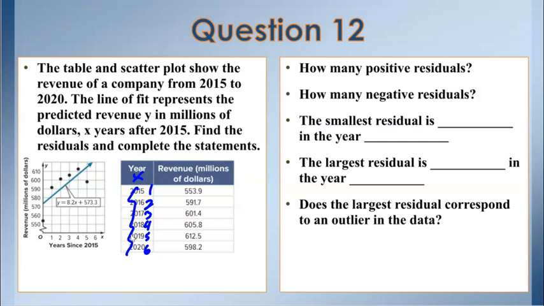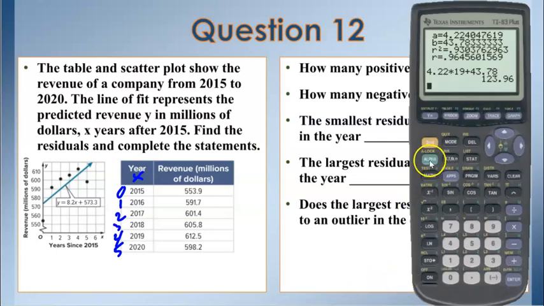Actually, 2015 is 0, so I got those wrong. 2015 is 0 years. So we have 0, and then this is 1, 2, 3, 4, and 5. So now we're going to put in those numbers.